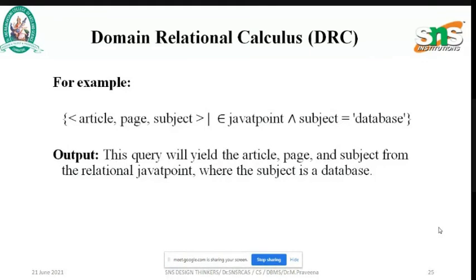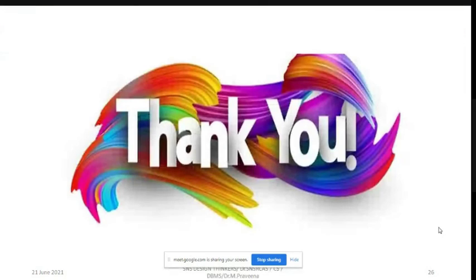For example, we are taking from some website, say JavaTpoint. From JavaTpoint, where the subject is database, we are going to select article, page, and subject. This query will yield the article, page, and subject from the relation JavaTpoint where the subject is database. Right? Thank you.